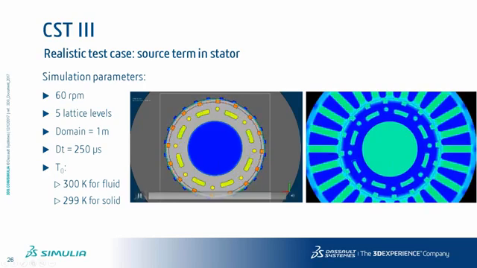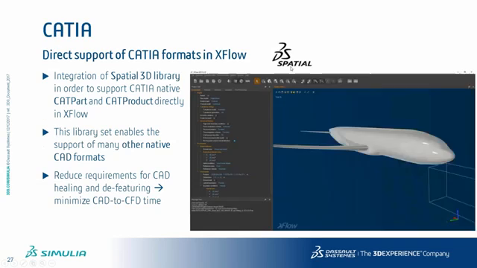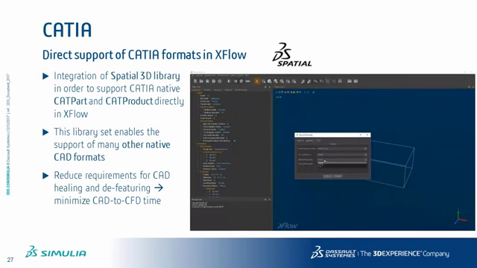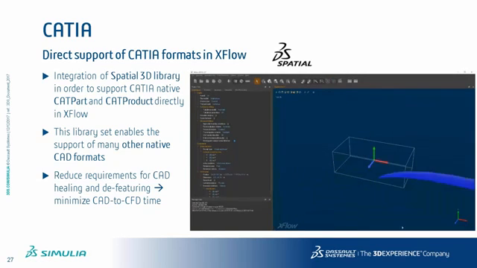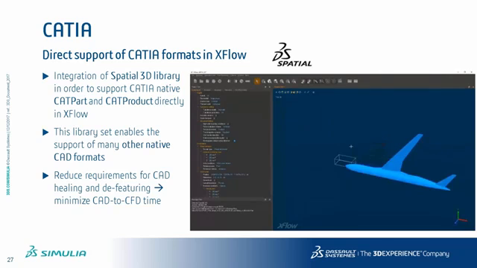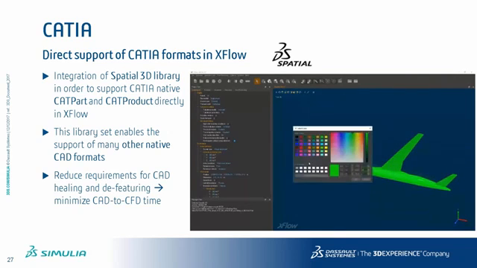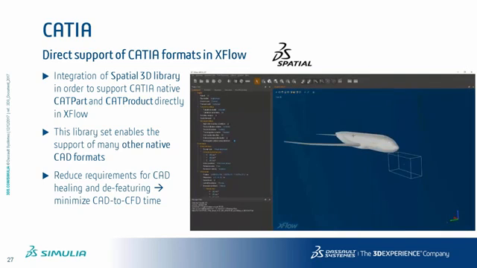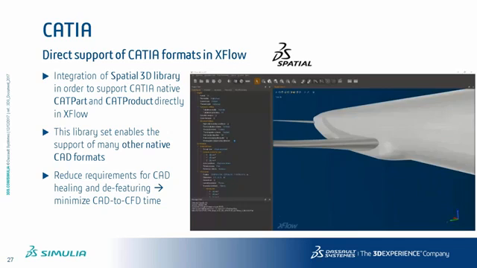Good. Now let's move from simulation to geometry, and of course we couldn't do without trying to integrate Catia into XFlow. What we're doing in this case is showcasing how we implemented the DS Spatial library in our latest release of XFlow, so that we can basically drag and drop CAD parts and CAD products directly into our XFlow GUI.